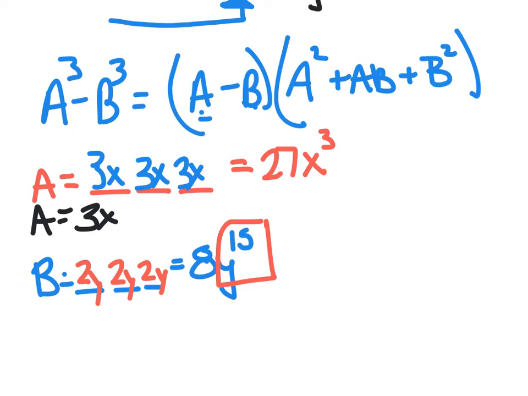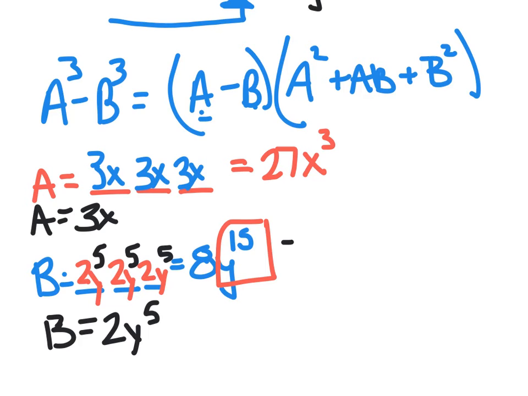Well, if it's the first, that makes 1, 2, 3. That's not 15. If it's 2, that's 2, 4, 6, because when I multiply, I add exponents. If it's 3, 3, 6, 9, that's not 15. 4, 8, 12, 5, 10, 15. So hopefully you're saying it's 2y to the 5th. So I'm going to say my b value is 2y to the 5th.